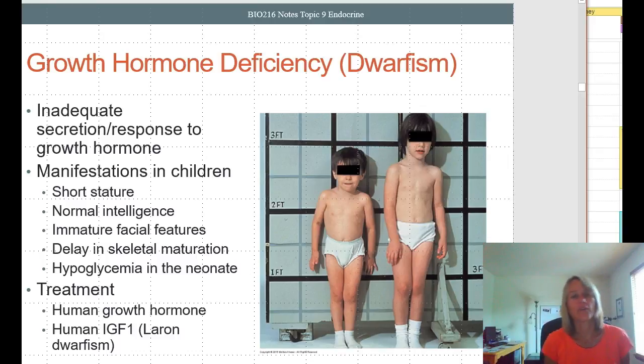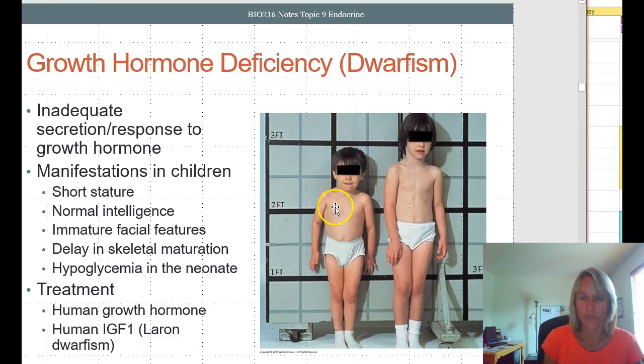Okay, so let's look at growth hormone deficiency, also called dwarfism. Here we have inadequate secretion or response to the growth hormone. Manifestations in children: this is going to result in short stature, but normal intelligence, immature facial features, a delay in skeletal maturation, and this can cause really low blood sugar, or hypoglycemia, in the neonate.